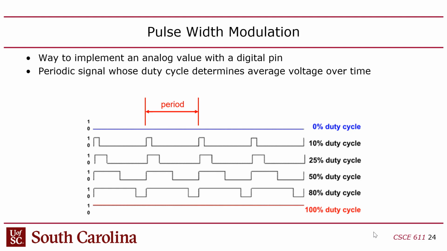That's how it works. But anyway, by the way, we know there's a period and then there's an uptime and a downtime, and the uptime is a percentage of the period, and that's your analog value as represented as a ratio between 0 and whatever the 1 voltage is.